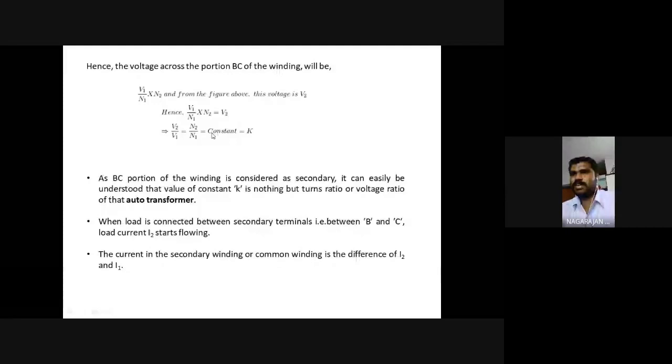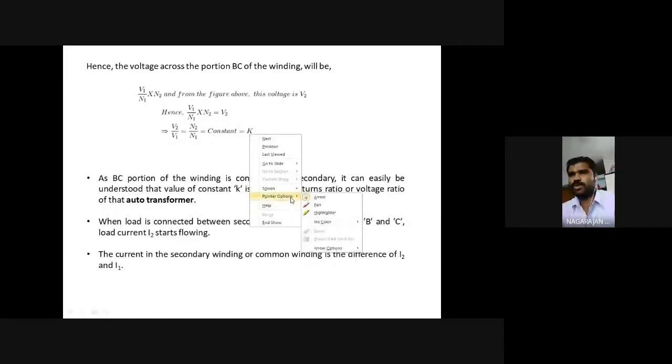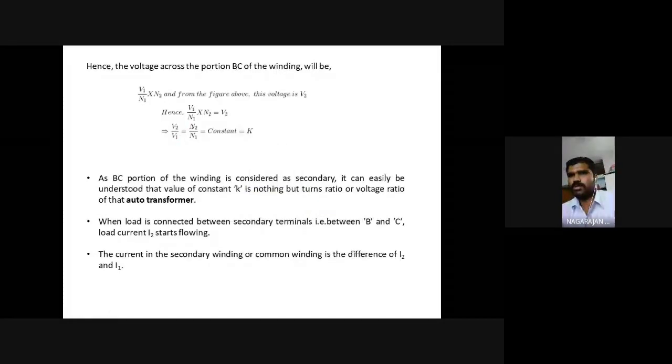So we know that the transformation ratio K is nothing but V2 divided by V1, that is N2 divided by N1. So instead of these terms, I can rewrite this equation as V2 is equal to K into V1.